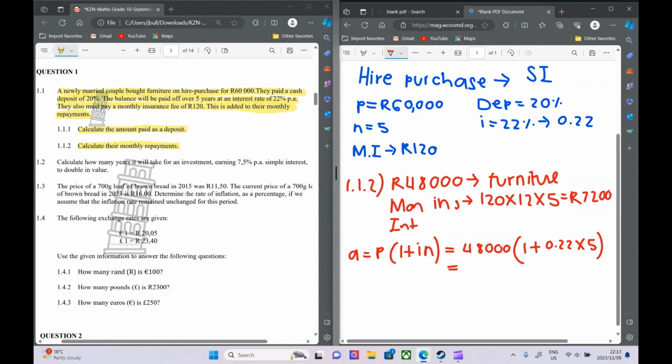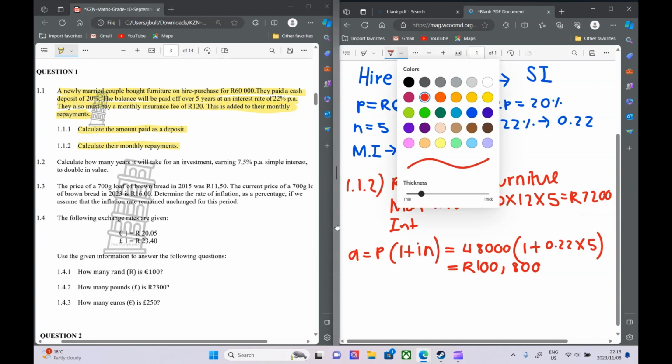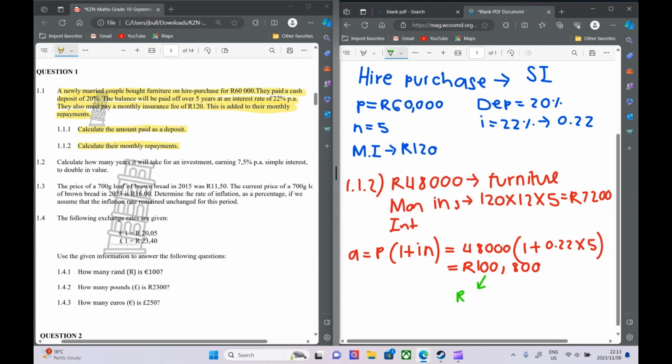So 48,000, and we end up with the total amount that they have to pay over those 5 years, which is 100,800 Rand. But bearing in mind that this is the 48,000 Rand plus interest.